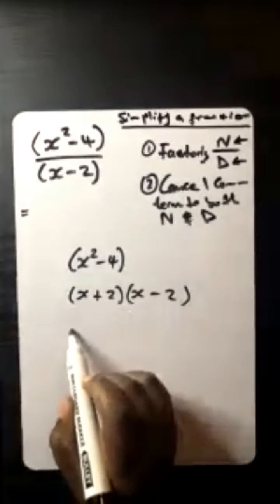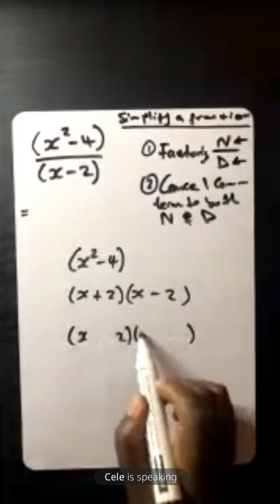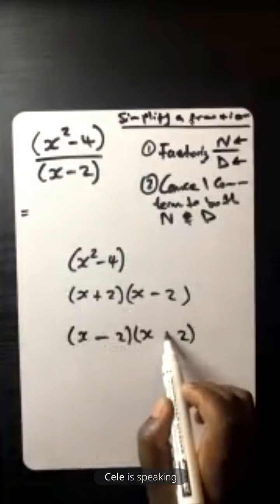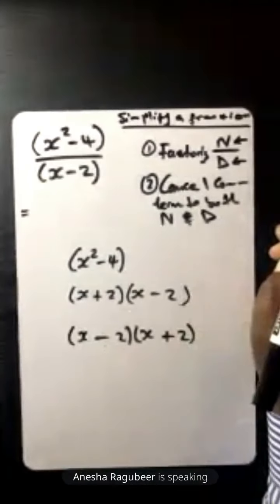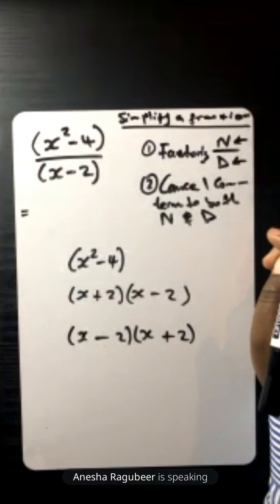Cele, what did you have? It was the same thing, but I had my minus at the front. Yes, it's the same thing, sir. So with Cele's one, sir, if you put negative 2 plus 2, it'll give you 0.